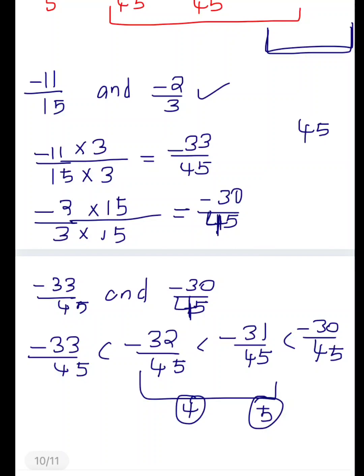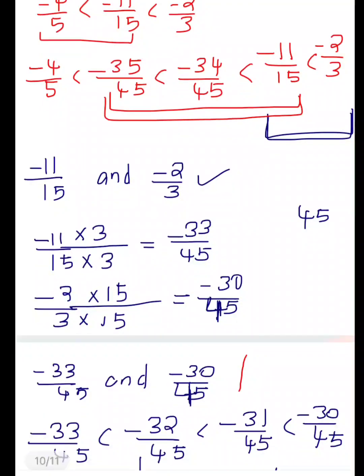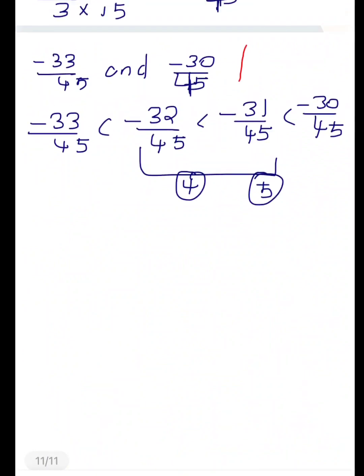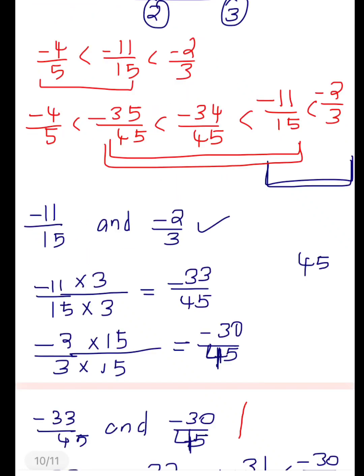Okay, now let's write the total numbers. Here you have already found three numbers: minus 35 by 45, minus 34 by 45, and the next one is minus 11 by 15.